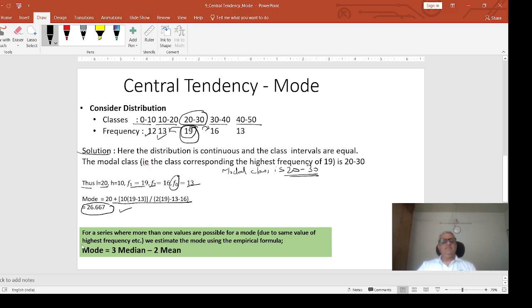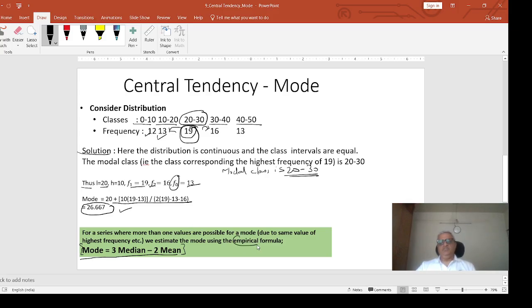In that case, there is an empirical formula which gives us a relationship between the central tendency measures that we have seen. So mode is equal to 3 median minus 2 mean.